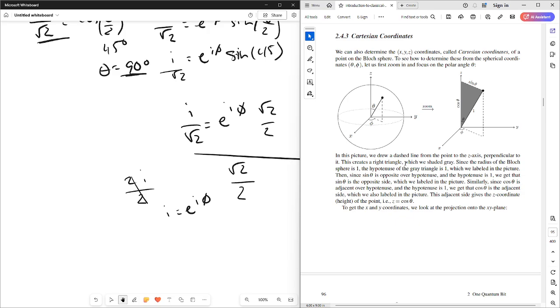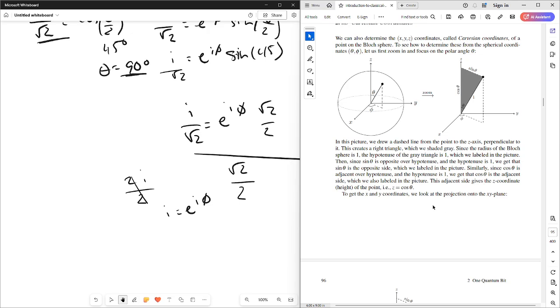Okay, so x is equal to sine theta multiplied by cosine rho.